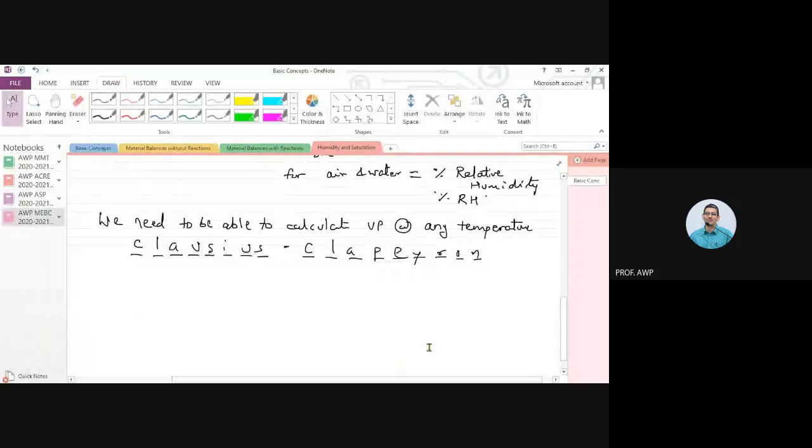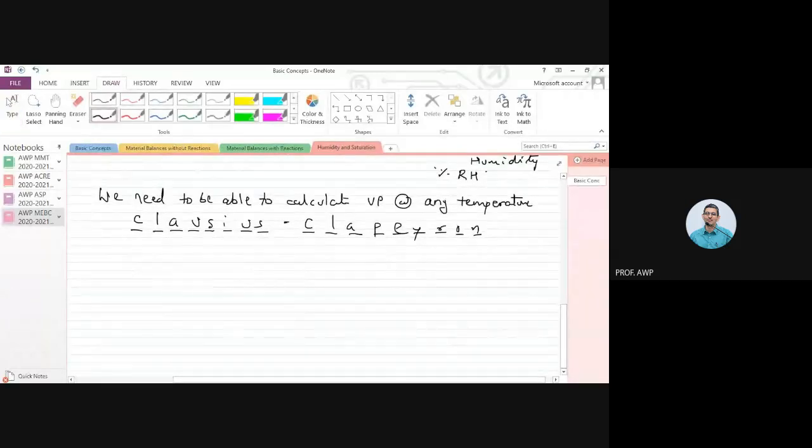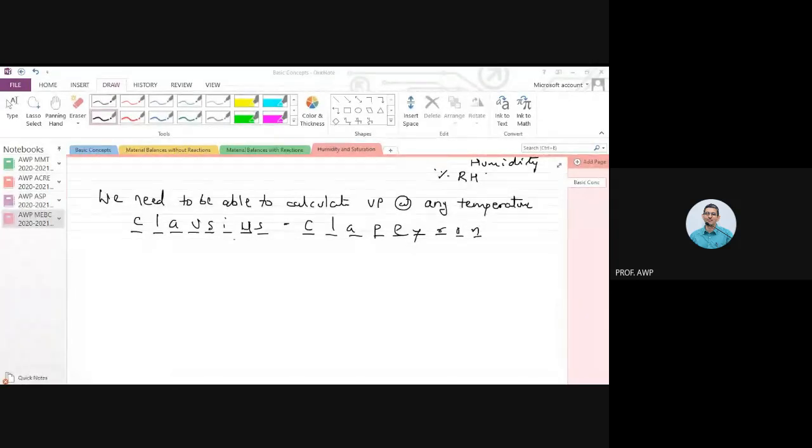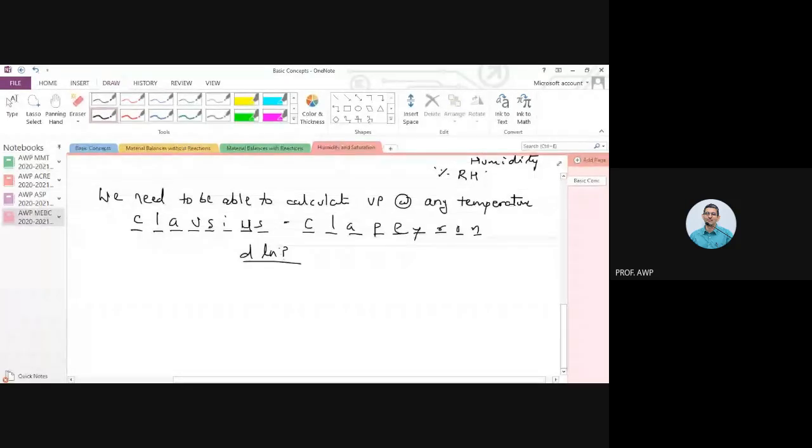So we mug up all kinds of equations and formulae without understanding that they are meant for only a certain specific set of units. Whereas now we are able to talk about any units, and we are able to convert anything from any unit to any other unit, right? So the equation is actually this. So it is actually vapor pressure.